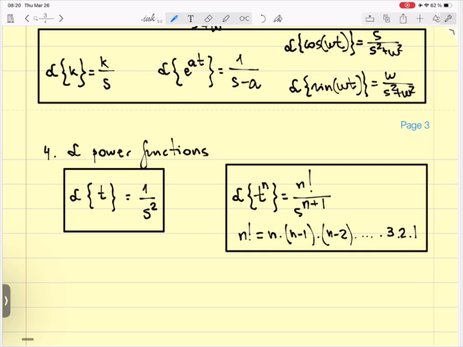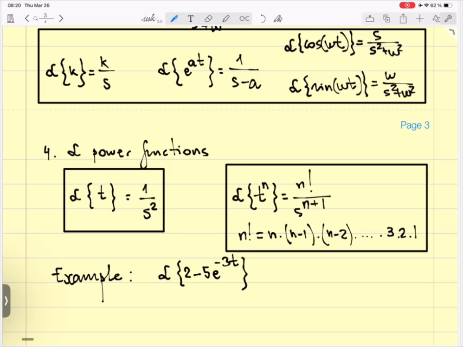Examples. Compute the Laplace transform of 2 minus 5 e to the power of minus 3 times t.